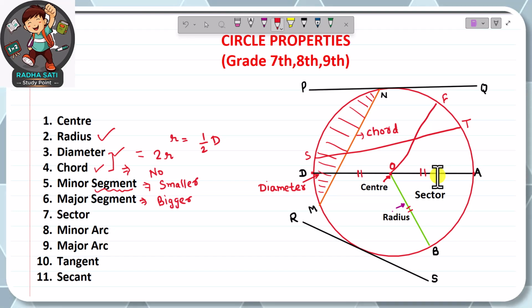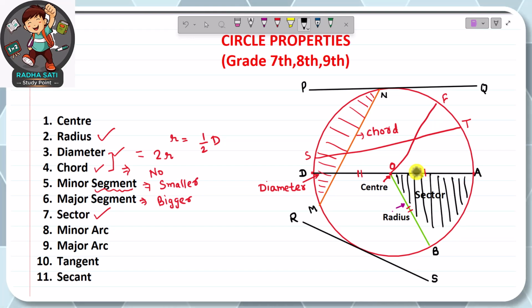Okay. Now coming to the next point, that is the sector. So what is a sector in this given diagram? So you can see, let me take another color for this. So now, what is a sector? This is a sector.